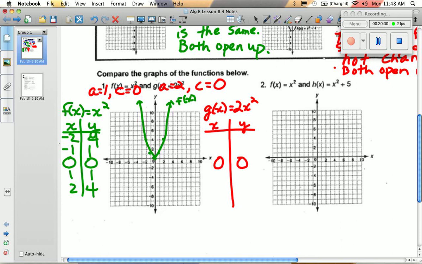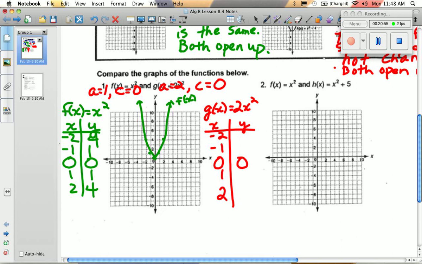So now let's do -1 again and -2, because these are points on either side of our vertex. It's 2x squared. We have to substitute in for x first, square it, and then take it times 2. So what's -2 squared?